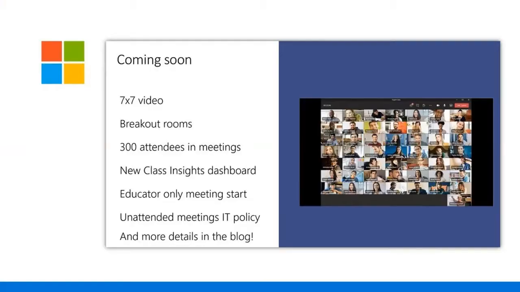Now, with Microsoft Teams, coming very soon as part of your client upgrades is 7x7 video. You can see it there, 49 lovely Brady Bunch faces smiling on the screen.